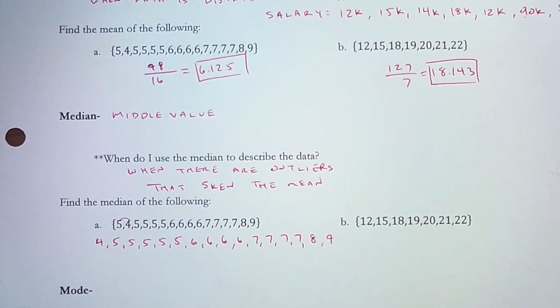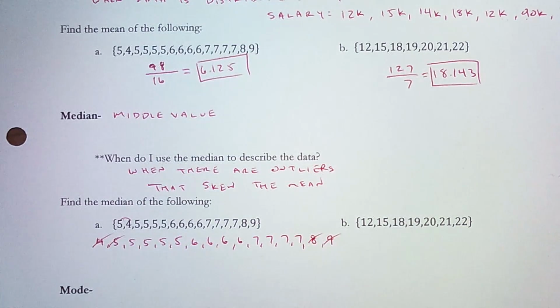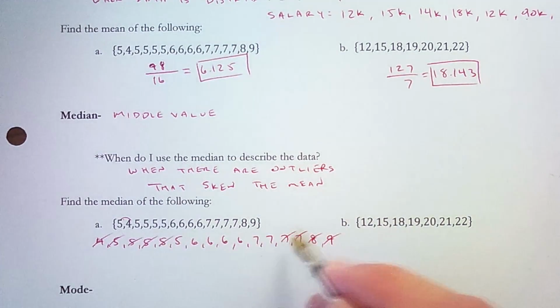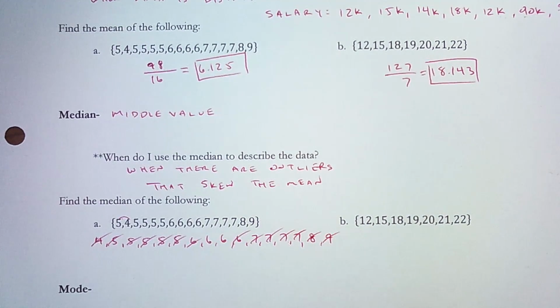Now it is in numerical order. So to find the central value, I can cross one off from each side, one at a time. Now I'm stuck here where if I cross these off, I've got nothing left.